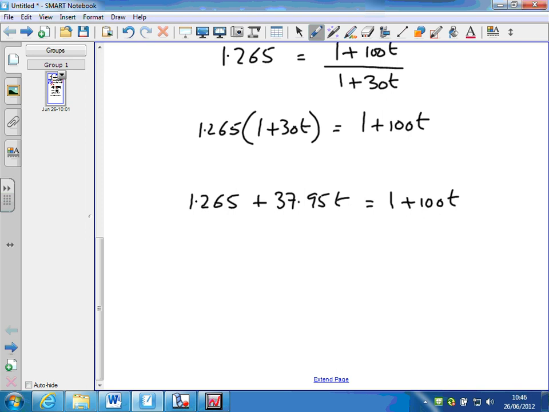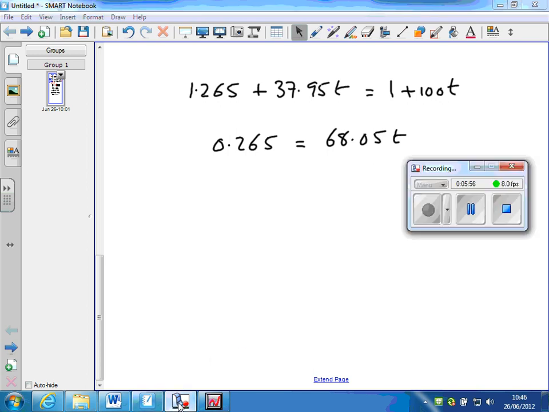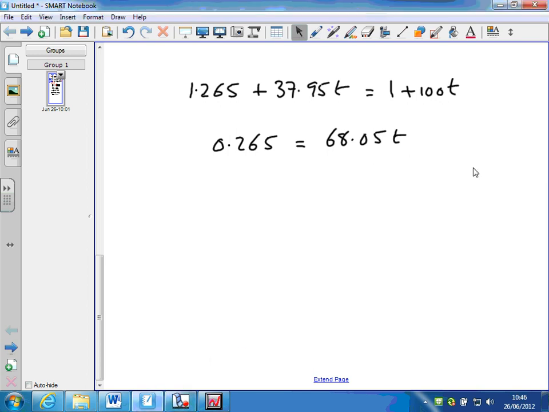And now subtract 37.95T from both sides, subtract 1 from both sides, and we get 0.265 equals 100 minus 37.95, what's that? 68.05, is it? For T it's 62.05.